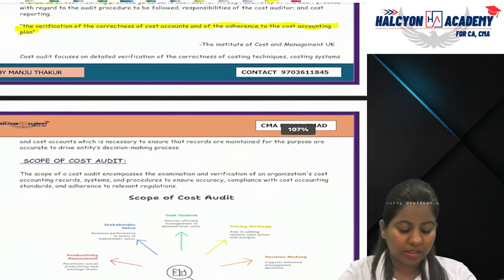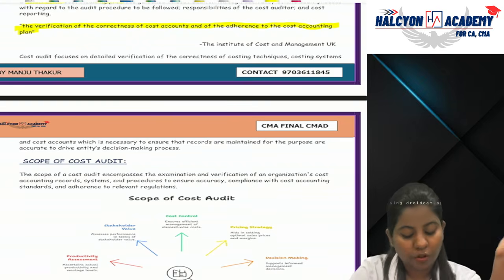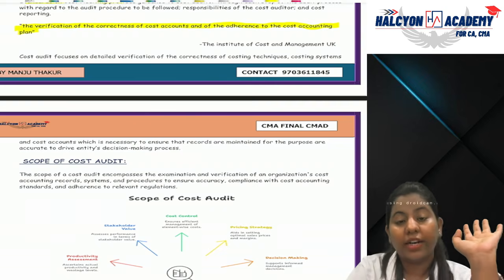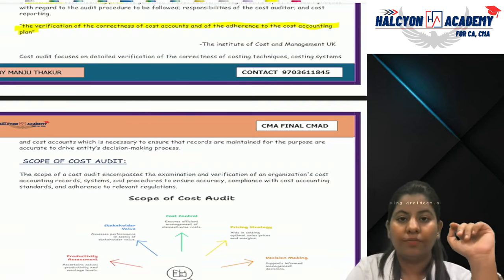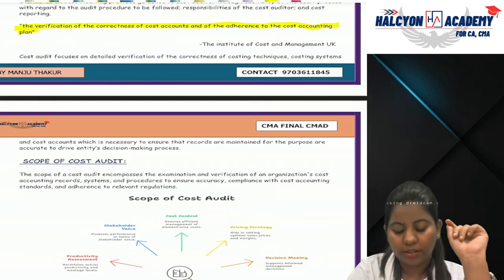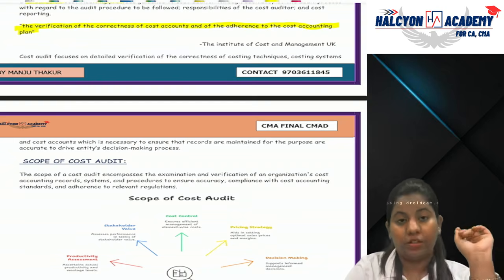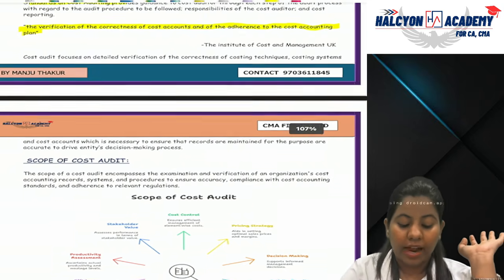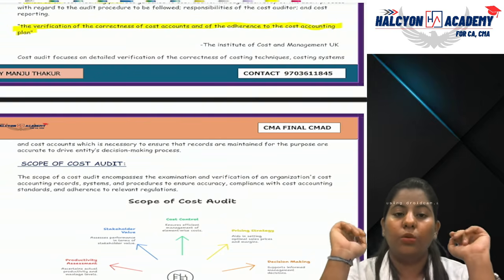One more paragraph is there. Cost audit focuses on detailed verification of correctness of costing techniques. Again, the same thing is written. It verifies the correctness of costing techniques, costing systems, and cost accounts, which is necessary to ensure that the records maintained for the purpose are accurate to drive the entity's decision-making process. Everything is verified, whether it is correct or not in the cost accounts.